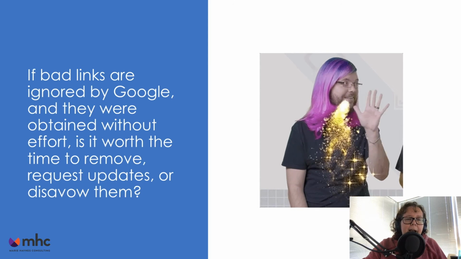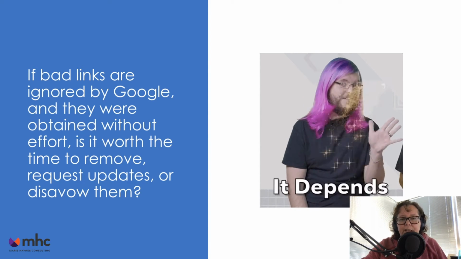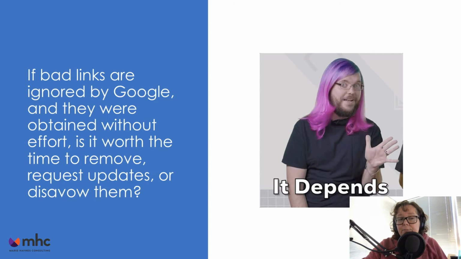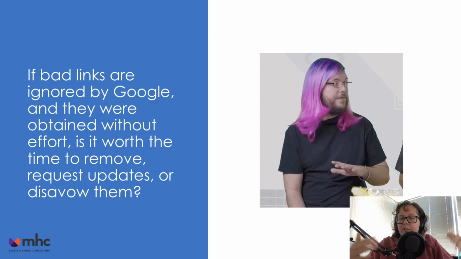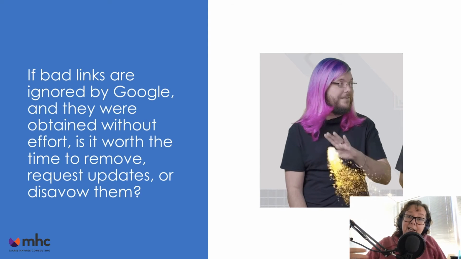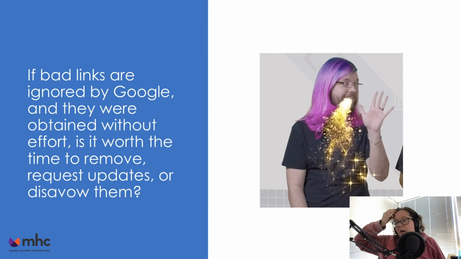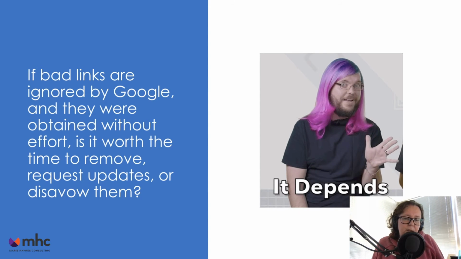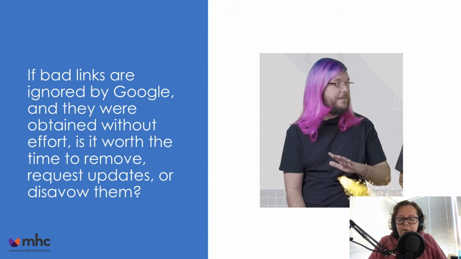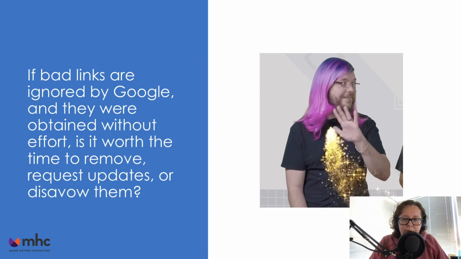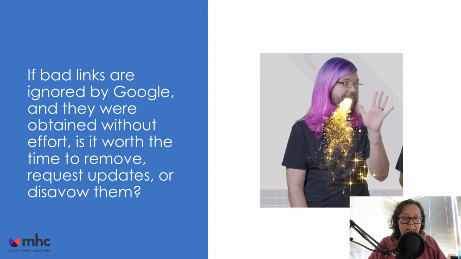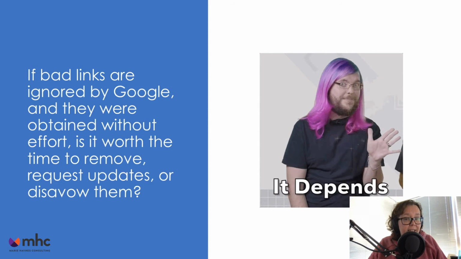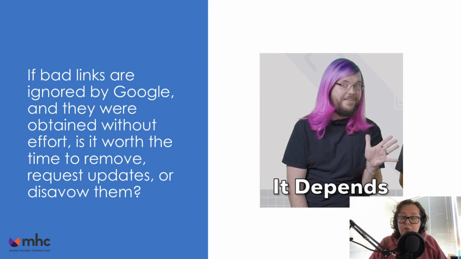If you have a couple of unnatural links, maybe even they're paid links, I don't know if this question was talking about spammy links or links that actually did help to improve rankings. But let's say you had some paid links, but it's like 2 or 3. Should you disavow them? 2 or 3 paid links, probably Google is ignoring those. If you have hundreds of paid links, then Google's probably paying attention to those, or they could in the future.